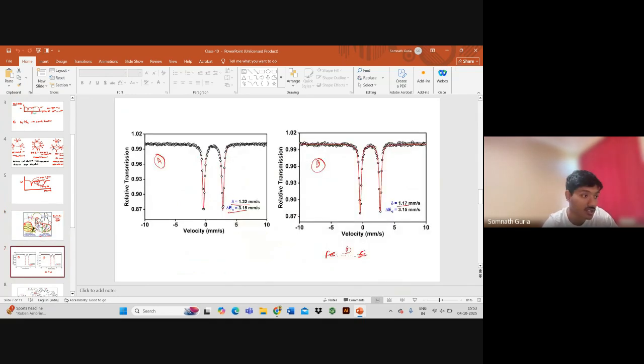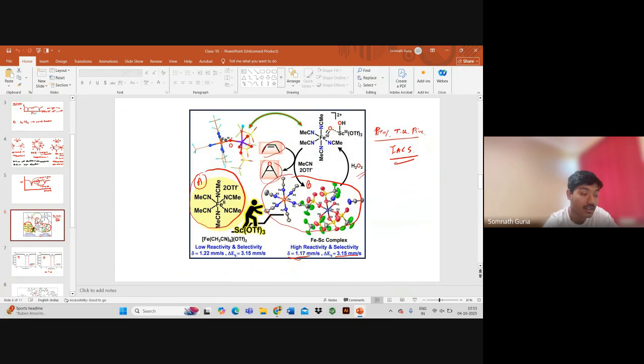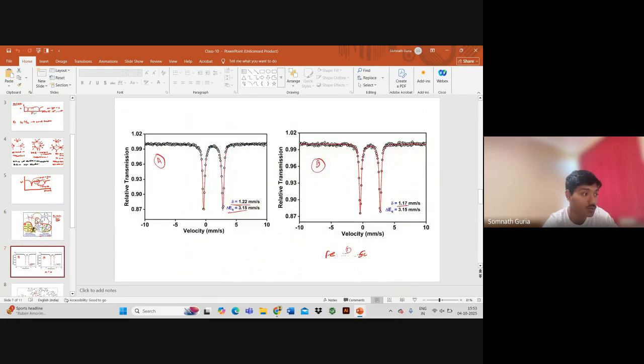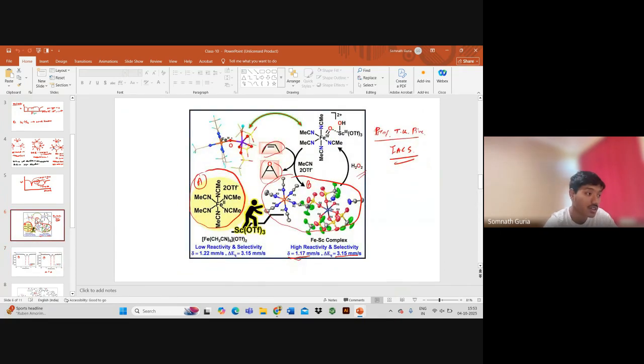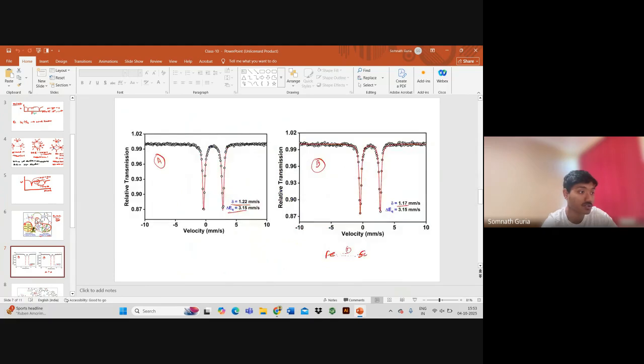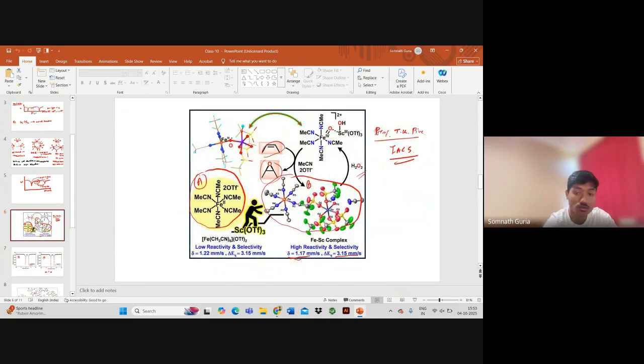There is a minimal change in the Mossbauer spectrum in the presence of scandium, which acts as a Lewis acid that can coordinate with the system, helping the generation of this oxo species and increasing the rate of the reaction.